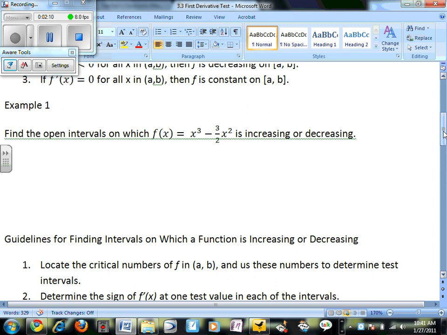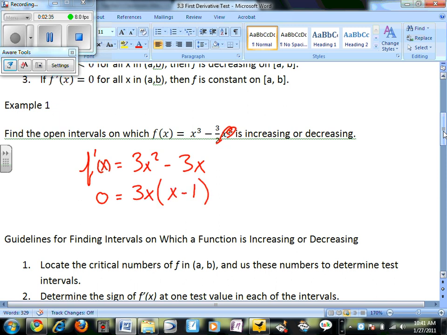So let's find our slope. f prime of x equals 3x squared. When I bring my 2 down, it's going to cancel out, so I'm going to have minus 3x. Let's find our critical points by setting it equal to 0. I'm going to pull a 3x out as well, and we get x minus 1.